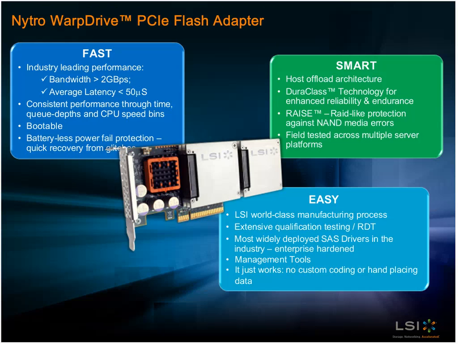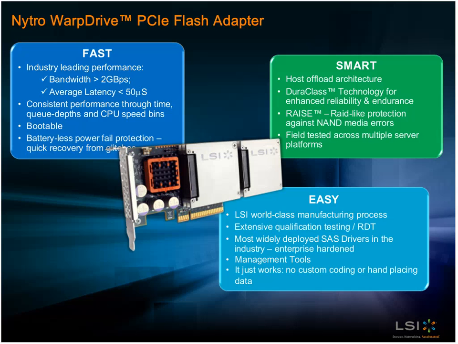So there's three tenets with our Nitro product family. It must be fast, it must be smart, it must be easy. So fast is easy. Bandwidth in a Nitro Warp Drive is a sustainable 2 gigabytes per second. Average latency is less than 50 microseconds. You typically will get to around 200 to 250,000 IOPS sustainable over the life of the product.